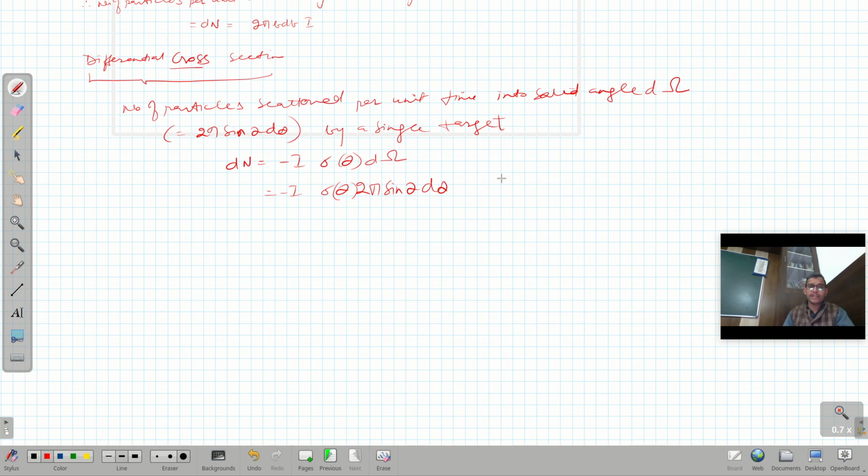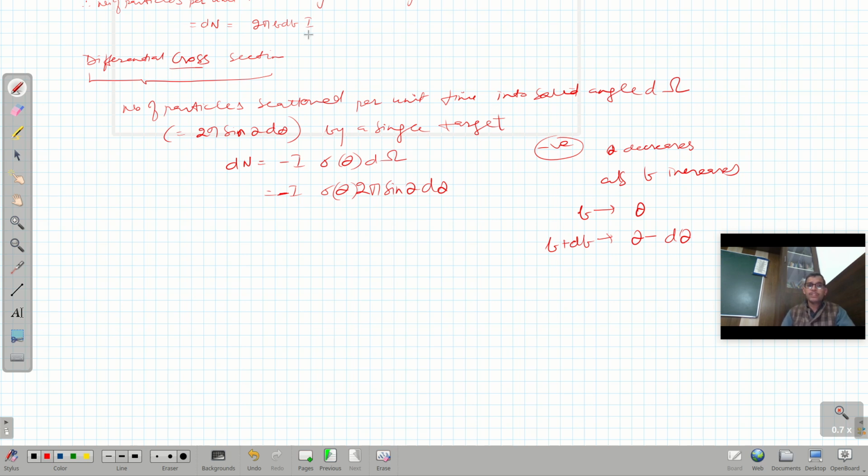And what is this negative sign? The negative sign shows that theta decreases as b increases, as is clear from above: when b corresponds to scattering angle theta, and b becomes b plus db, the scattering angle becomes theta minus d theta. So the negative sign indicates that.